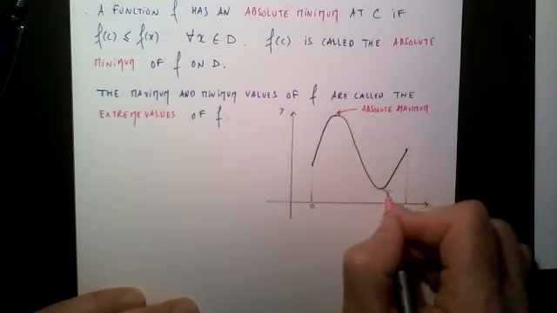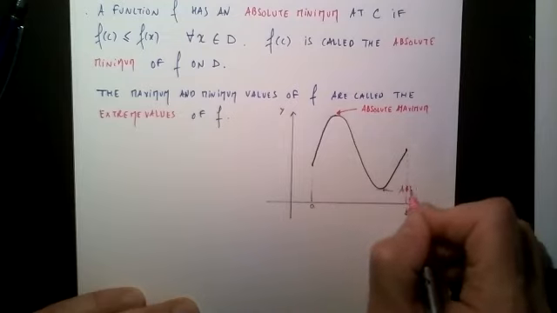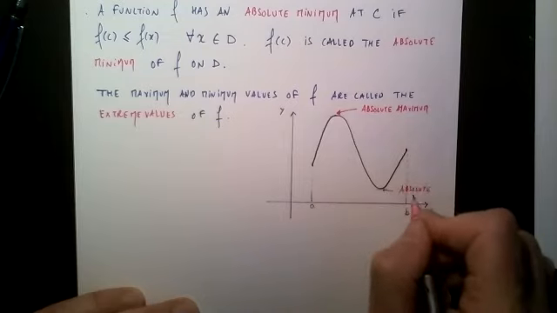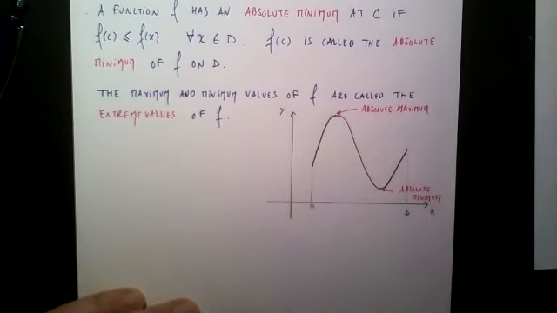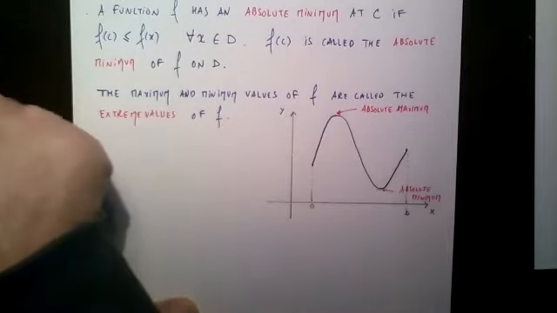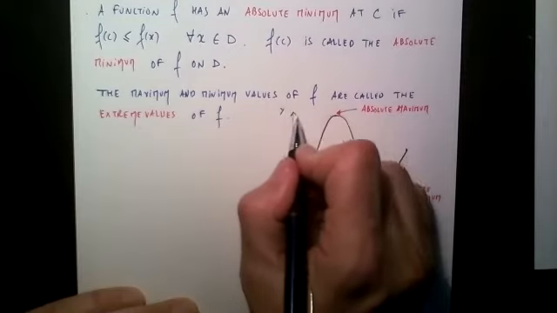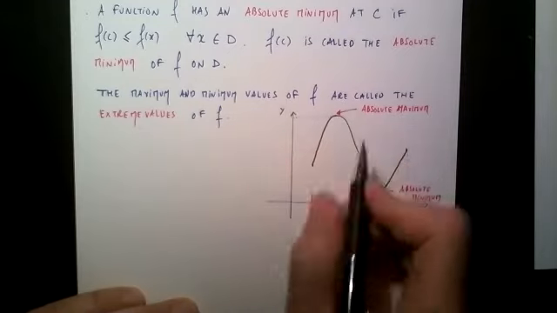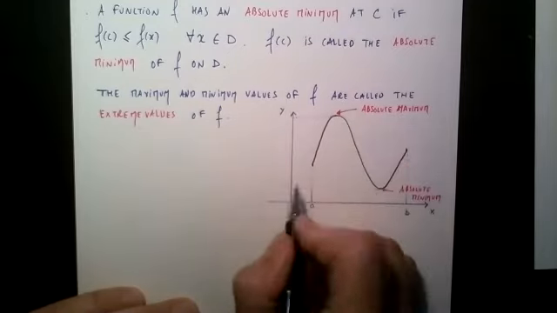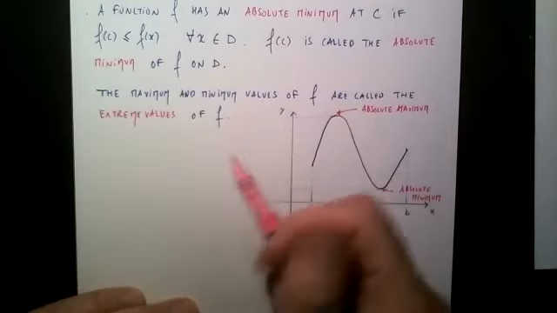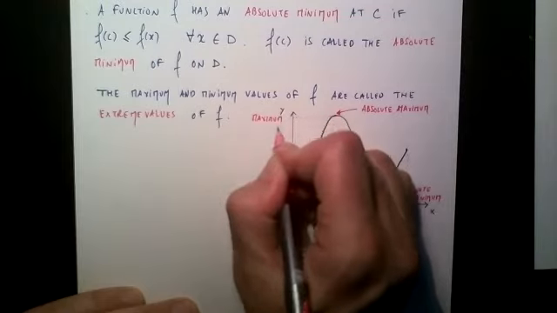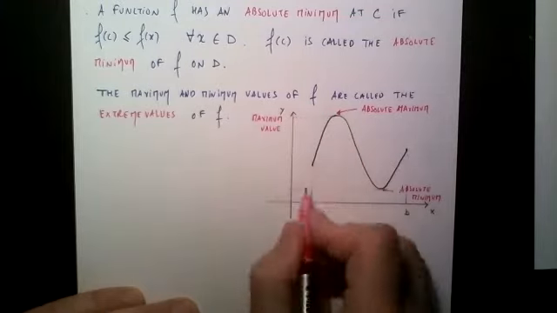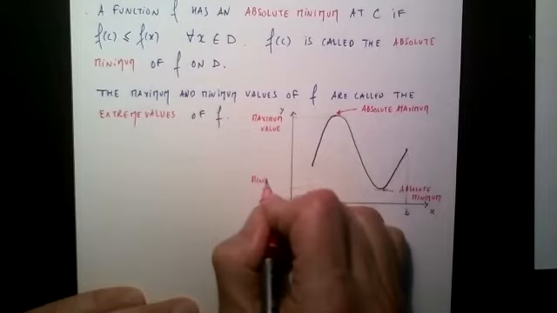This is the absolute minimum. And here, this is the maximum value, and this is the minimum value.